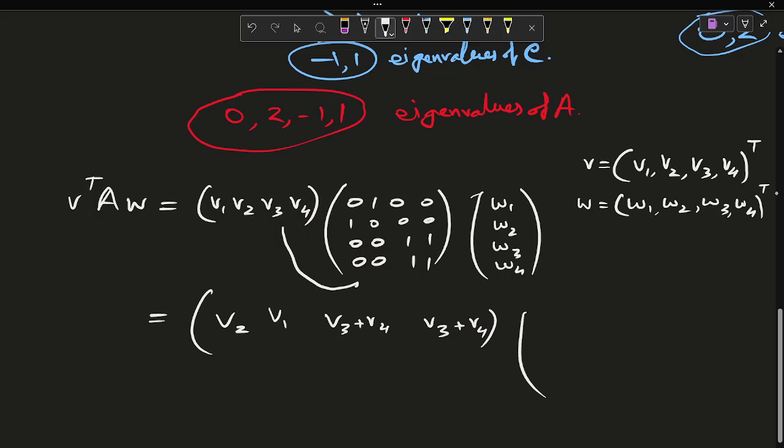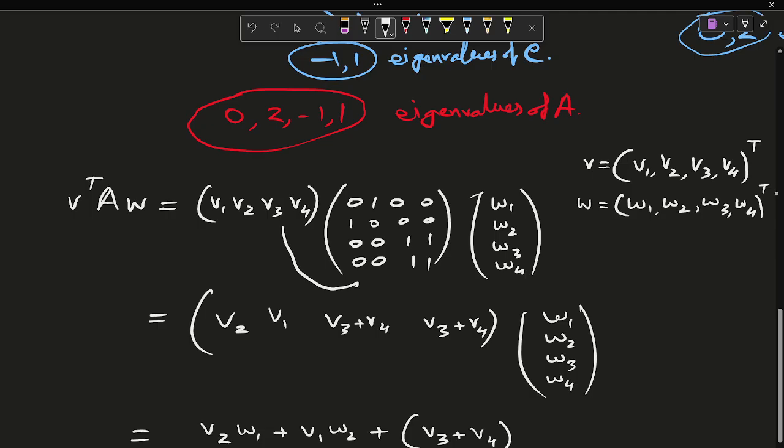So that will be V2 W1 plus V1 W2 plus V3 plus V4 times W3 plus W4.